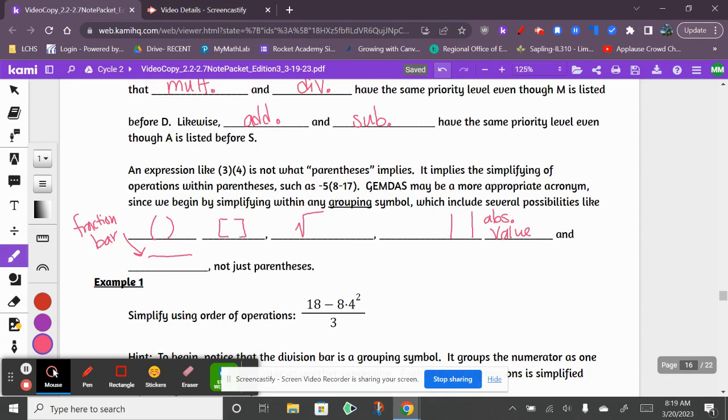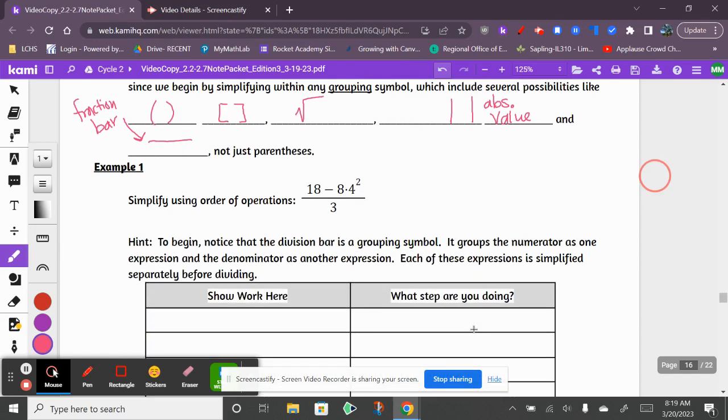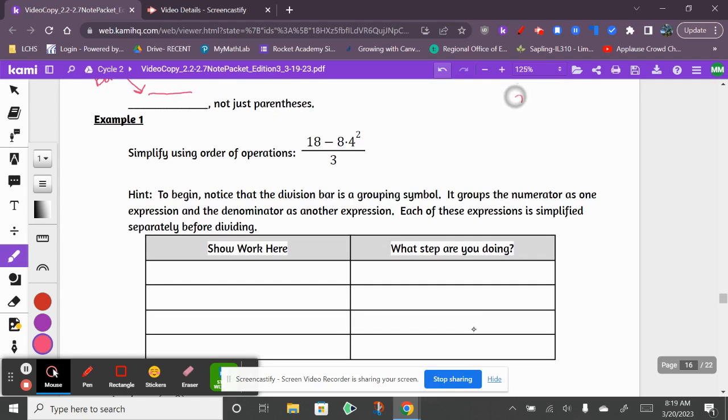Okay, so we're going to go ahead and simplify using order of operations. We have 18 minus 8 times 4 squared, all over 3. So the first thing that we want to do is think of GEMDAS, and we want to see if we have any grouping. When we see the fraction bar, that should tell us that we want to use grouping.